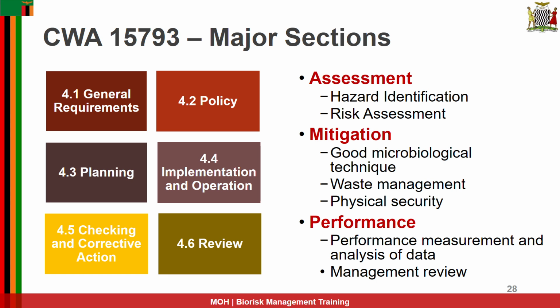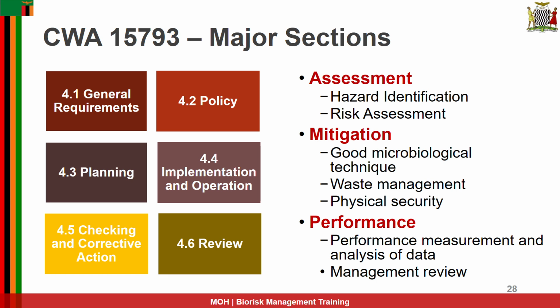Then under 4.2, this is where it will give you the requirements for you to come up with a policy, either at national level, at facility level, or international, depending on what you'd want. Then under 4.3, this is where the planning requirements are. This is where you'll find your risk assessment and anything that is related to you planning for your biorisk management system.